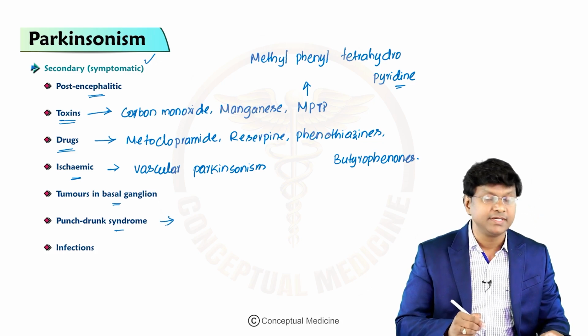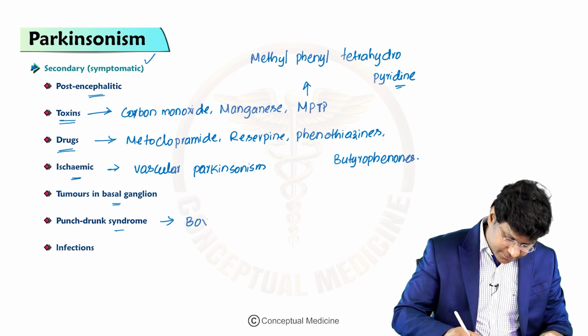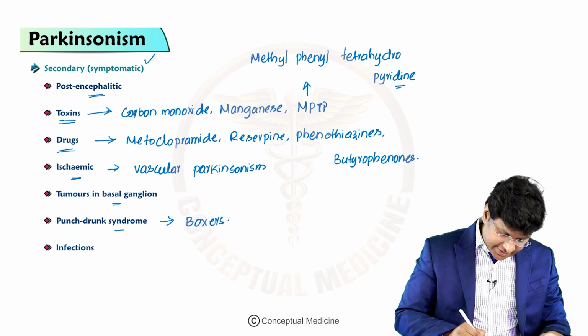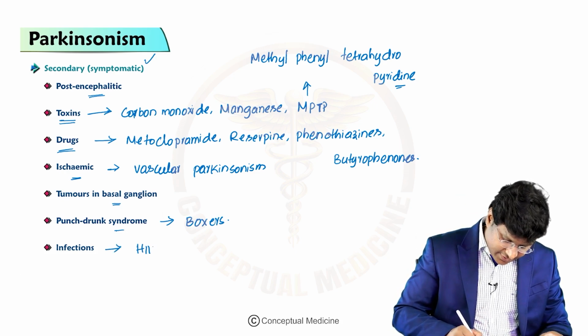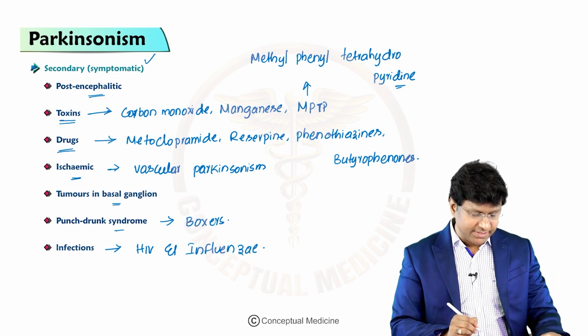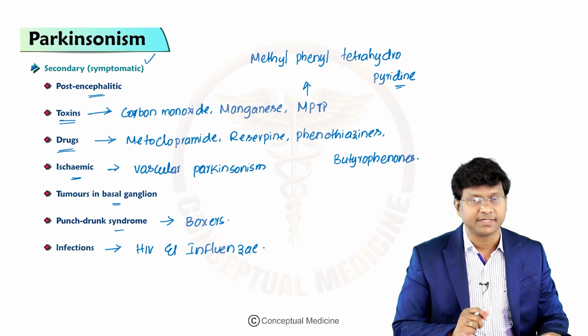You will commonly come across punch drunk syndrome in boxers, resulting in the development of Parkinsonism. Certain infections can also cause Parkinsonism, for example HIV and influenza. So these are the secondary causes of Parkinsonism.